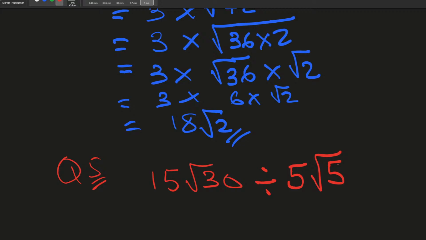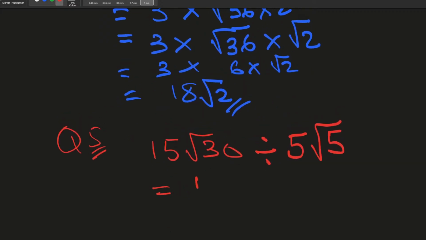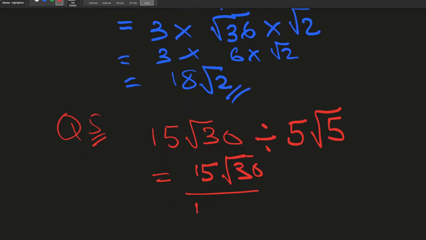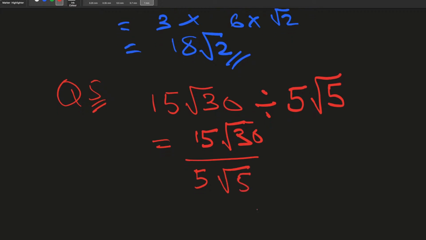If you remember, the last time when we tackled a similar one, I told you that 15 root 30 divided by 5 root 5 can traditionally be written as 15 root 30 divided by 5 root 5.